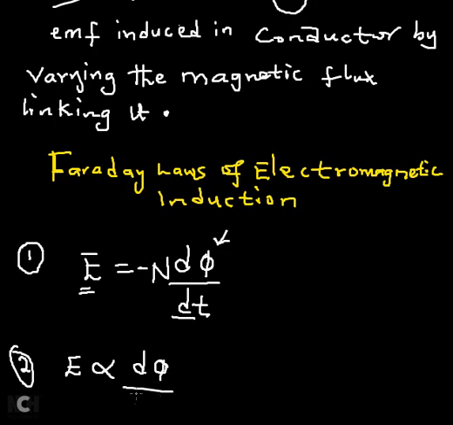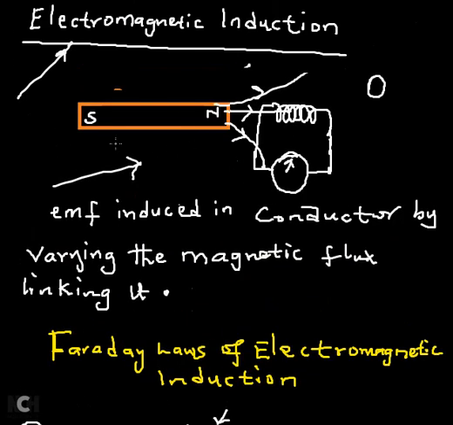The more the movement, the more the changes, or the more the change in the linkage of this flux with the coil increases, you get more EMF. That means the more mechanical energy you produce, either by moving the magnet faster, you will have more EMF, or even moving the coil faster, then you have more EMF.